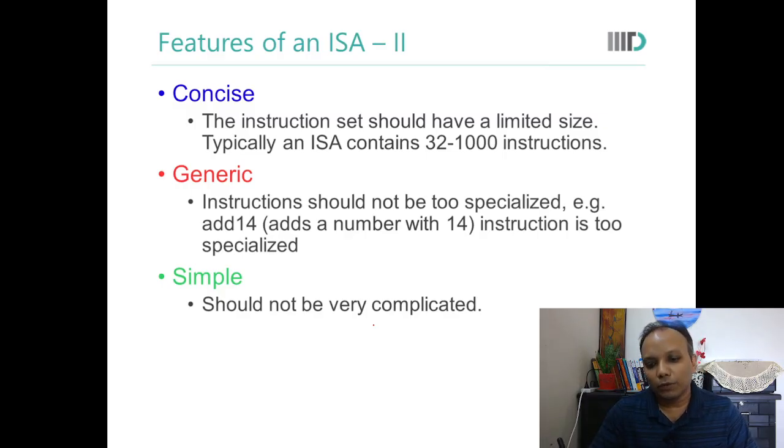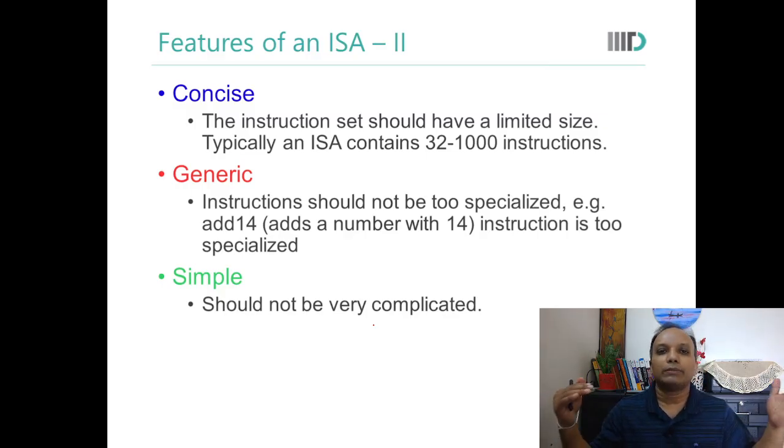Otherwise, if you have a very large ISA, think about the complexity of the compiler, because the compiler has to map everything on the hardware. If it has a huge set of instructions from which it has to map, the complexity becomes very high.